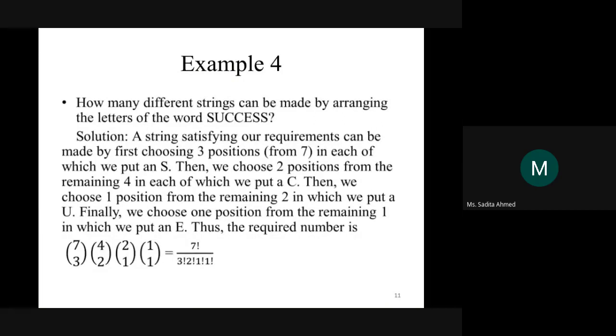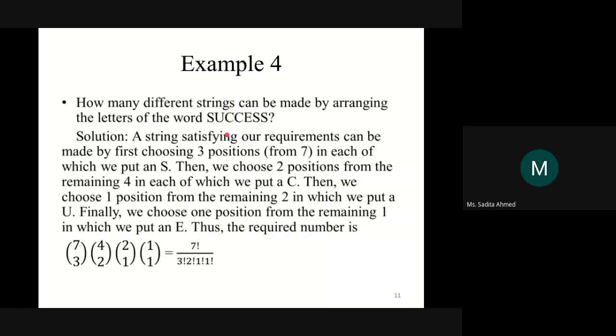We are choosing 2 distinct positions from 7 choices. We are counting 2-combinations from 7 distinct objects. So we have 7 distinct positions, and from there we are counting the number of ways to choose 2 distinct positions to place C.